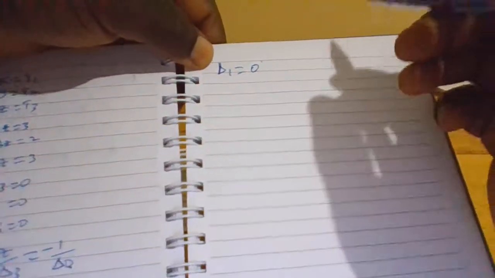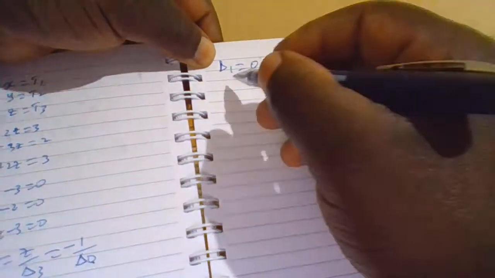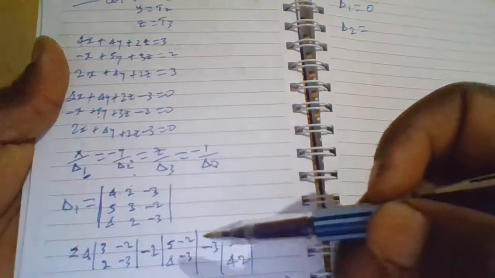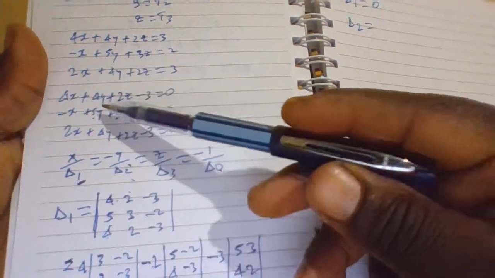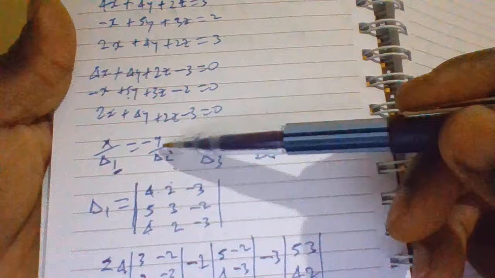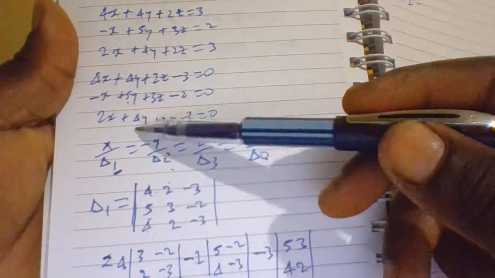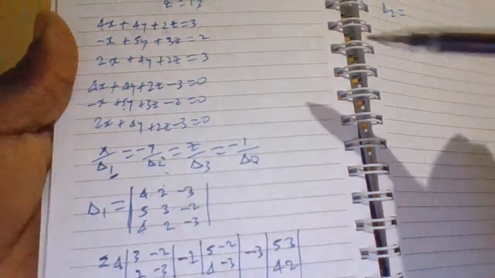We can now calculate del 2. For us to calculate del 2, you come back to this equation. Del 2 is associated with y, therefore we shall block the coefficients of y and take the other coefficients.